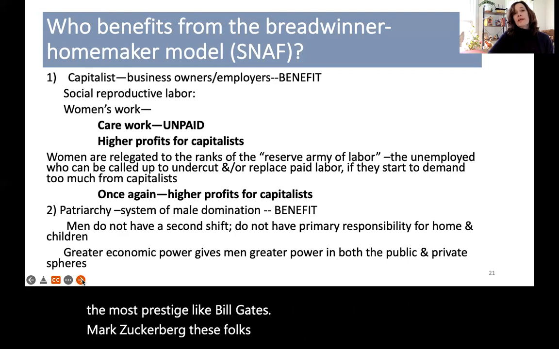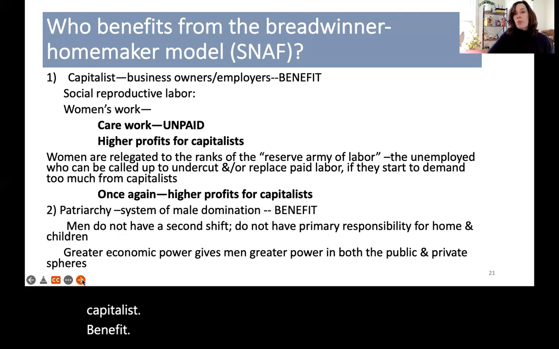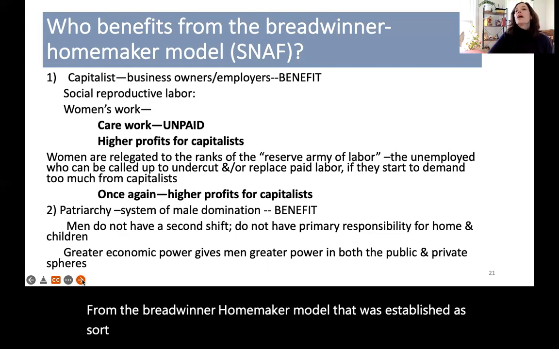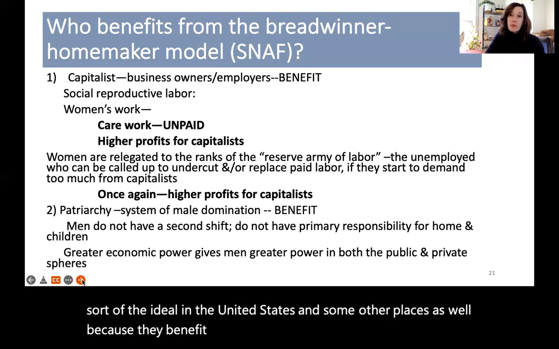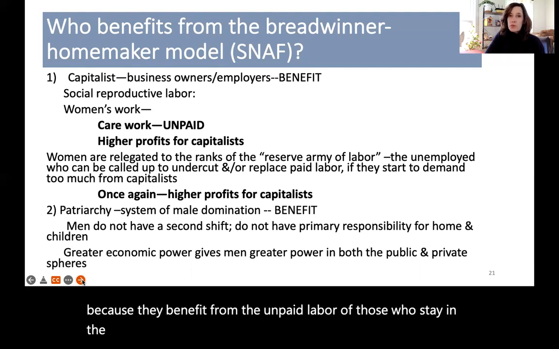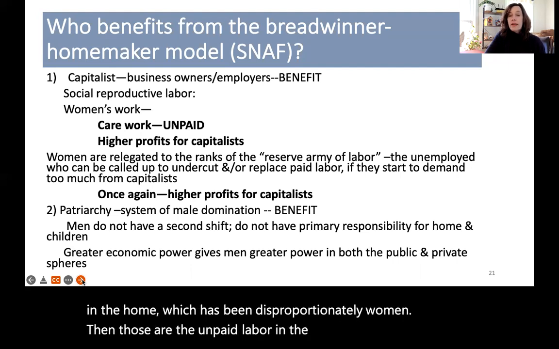But the idea is that capitalists benefit from the breadwinner homemaker model that was established as sort of the ideal in the United States and in some other places as well, because they benefit from the unpaid labor of those who stay in the home, which has been disproportionately women.